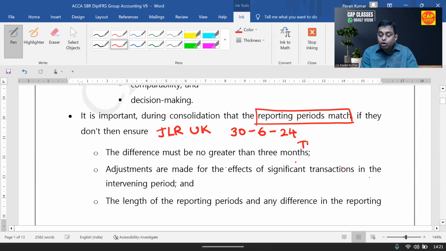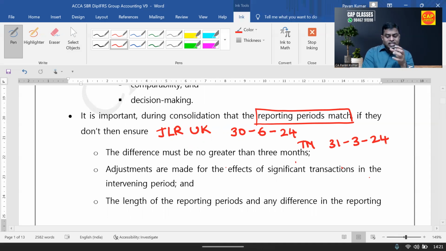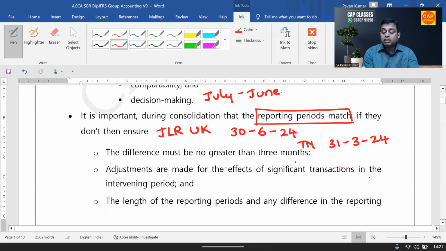But Tata Motors, as I told you, is in India. They follow 31st March. Now, the question is, this entity is having a July to June financial year. This entity is having an April to March financial year.